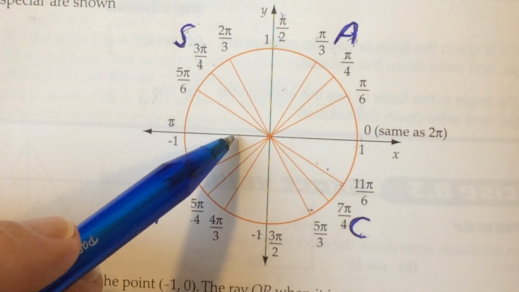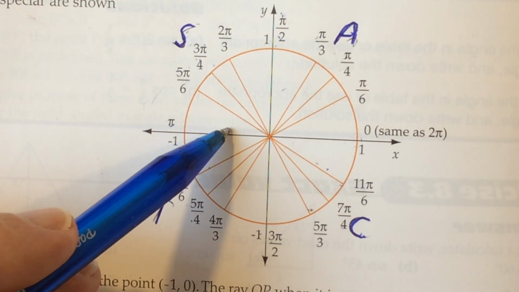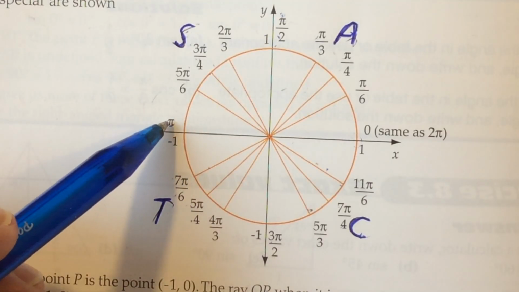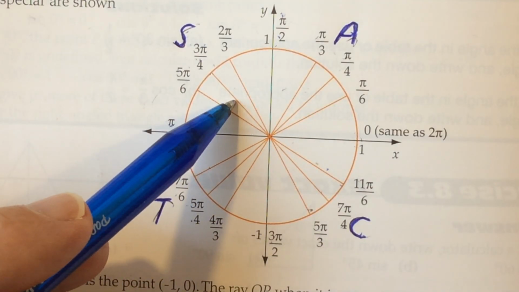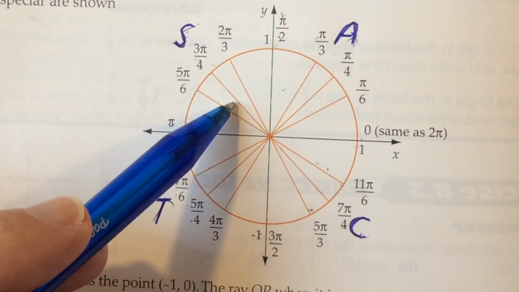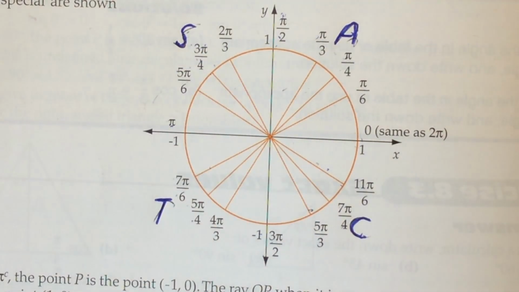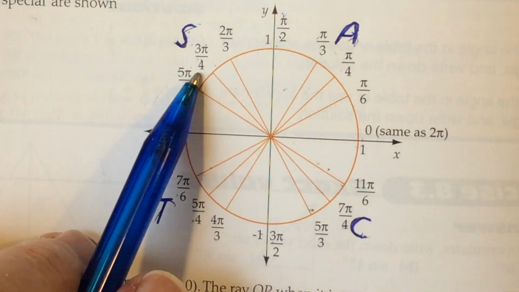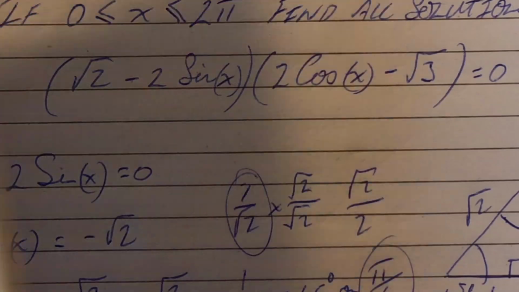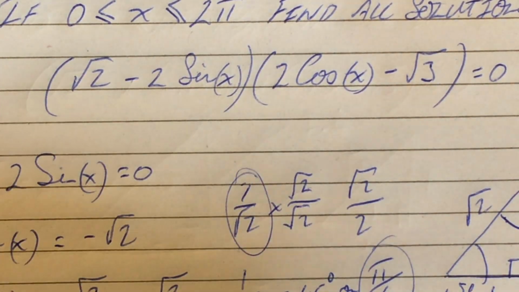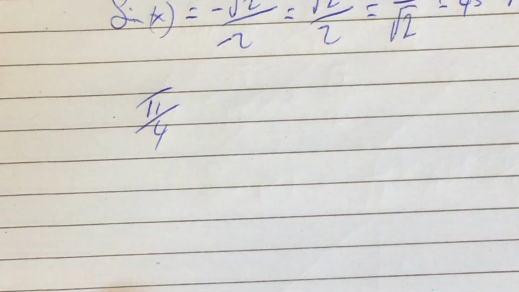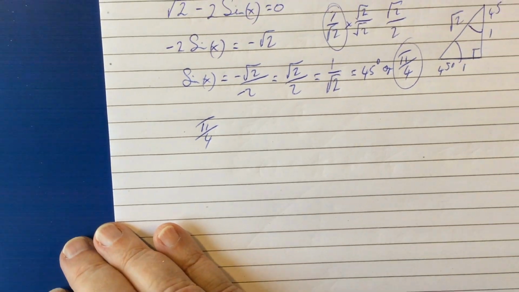That's there. We do the same thing over here. We work off the x-axis, so pi minus pi on 4, yes, gives us 3 pi on 4. That's the other solution. Now, mathematically, what this looks like is we have our one solution here, pi on 4, and I'll just zoom back in.